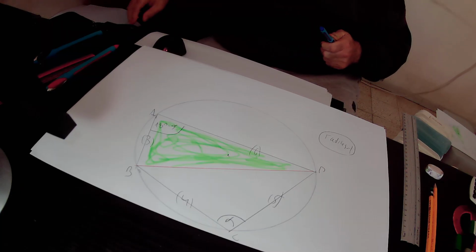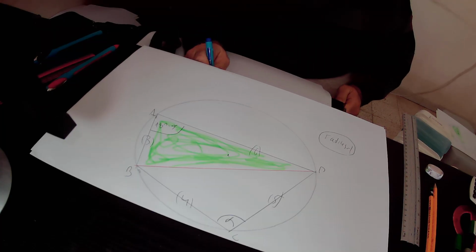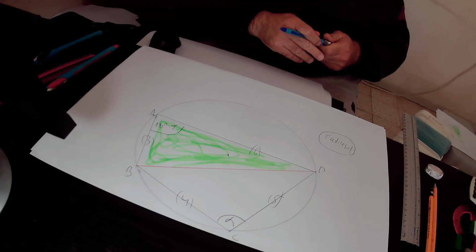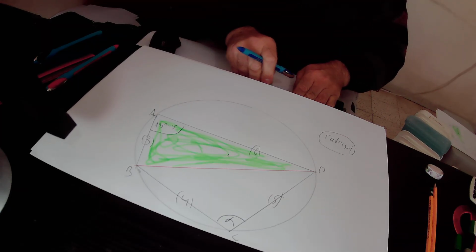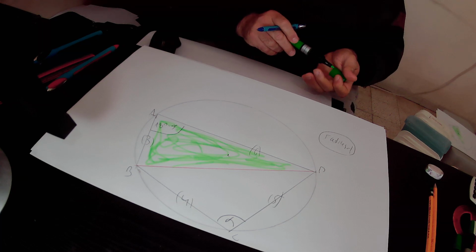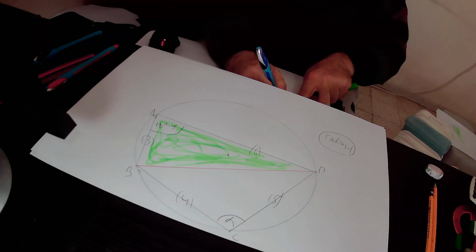So in the lower triangle BDC, according to the law of cosines, the following equation is true.